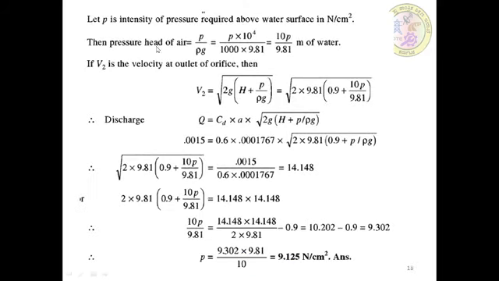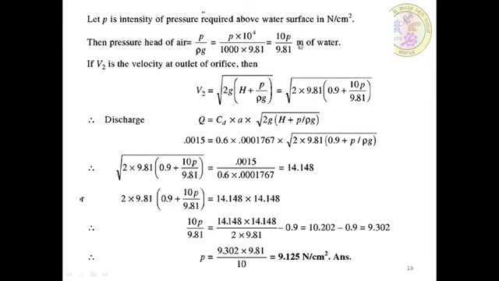Now, with the continuation of these available data, the pressure of the air, the pressure head, is given as P by rho g. Here P is the pressure, rho is the density of water, 1000, and g is 9.81.